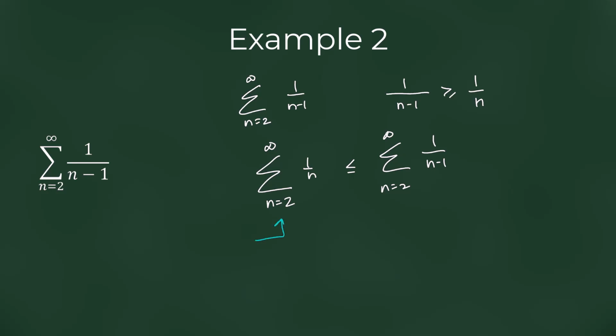But our p-series test tells us that the series on the left diverges because we have a p-value of 1. So this is divergent, which must mean then that the series in question also diverges because it is larger than a divergent series.